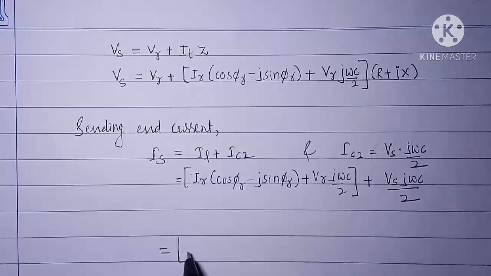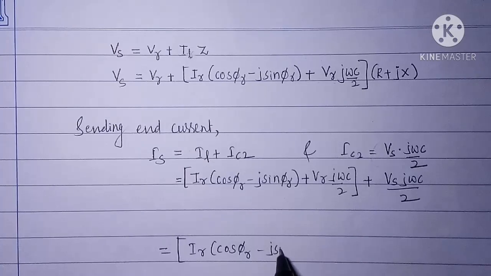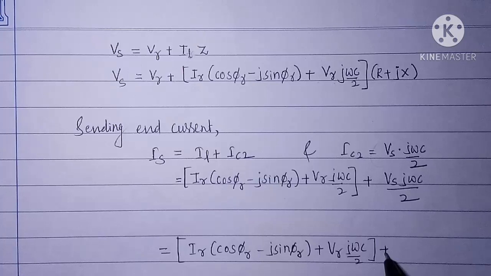Therefore, IL is equal to IR into the bracket cos phi r minus j sin phi r plus VR into j omega c by 2 plus Vs into j omega c by 2.